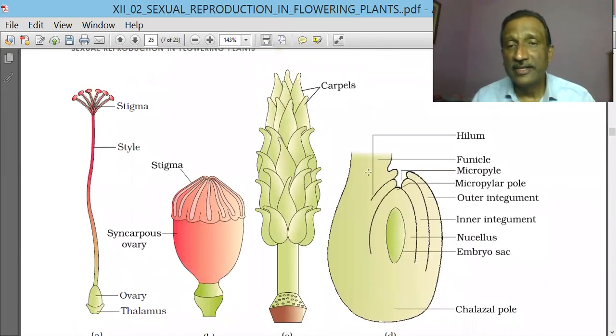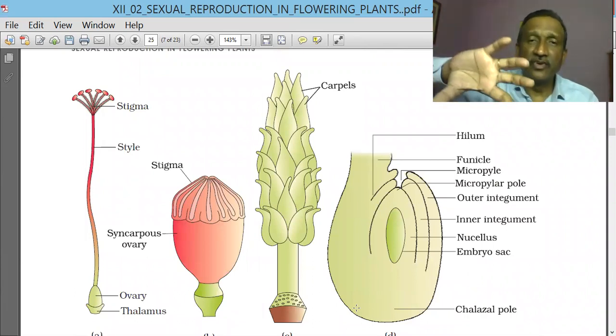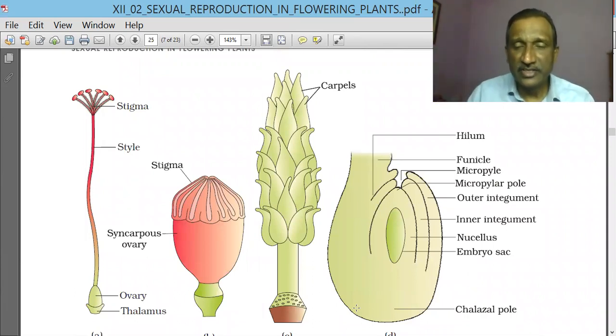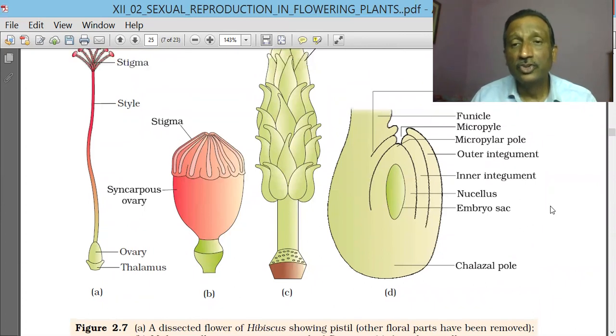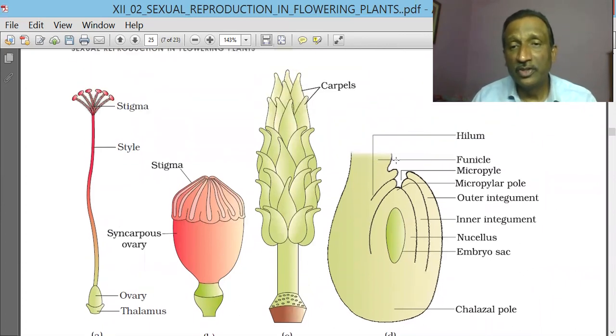Okay, so the entire structure which we saw in the previous diagram is just reversed. When it is reversed, such an ovule is called anatropous. Here it is written, the anatropous ovule: the funicle, that is the stalk, and its attachment, the hilum, and this structure is the ovule, and this structure is the ovisac or embryo sac.